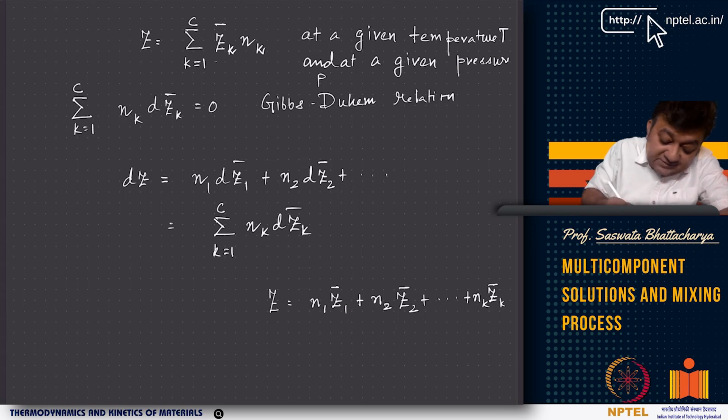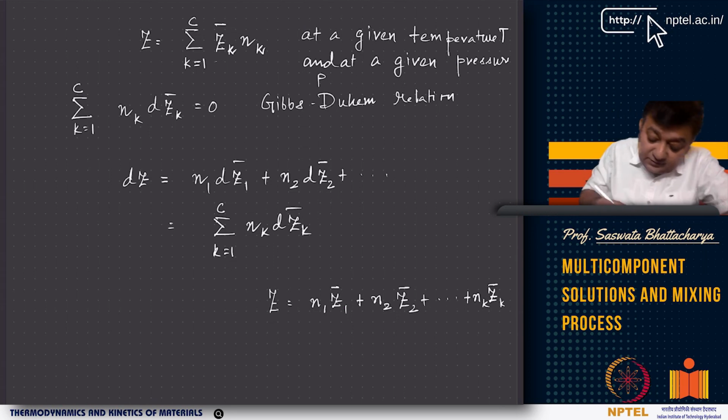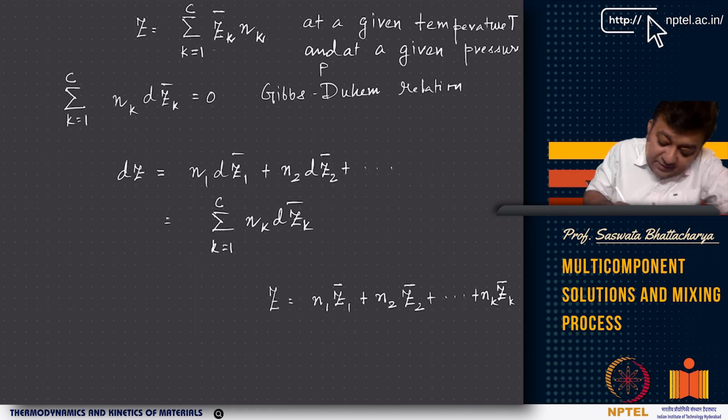The Gibbs-Duhem relation: I did it for Gibbs free energy, I showed it for molar volume, and I showed it for the total volume. So for any extensive property Z, it is Nk dzk bar equal to 0, summation from K equal to 1 to C. If you have repeated indices, we can also use the Einstein summation convention.